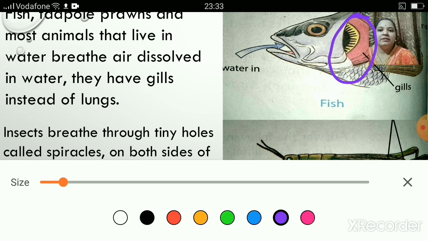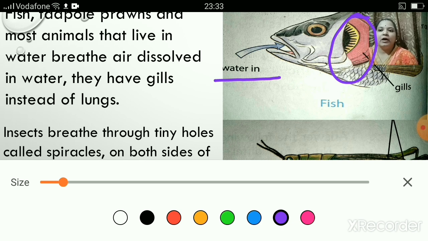Right, if you can see, the fish is taking the water inside the mouth. As the water passes over the gills, the oxygen is taken in and carbon dioxide is given out with the water.